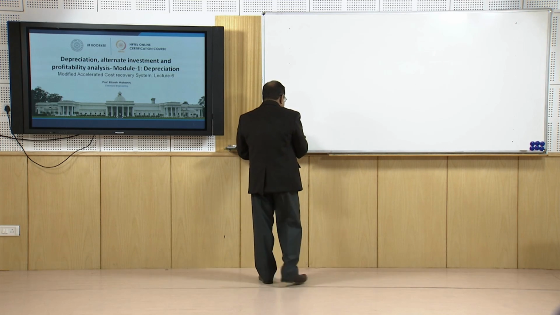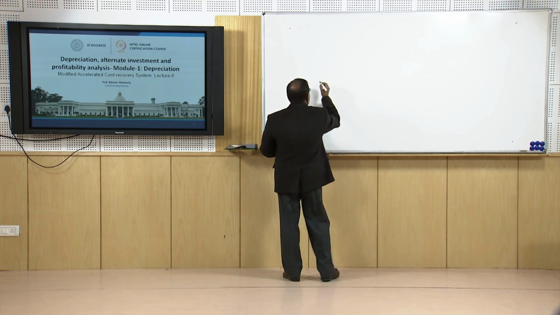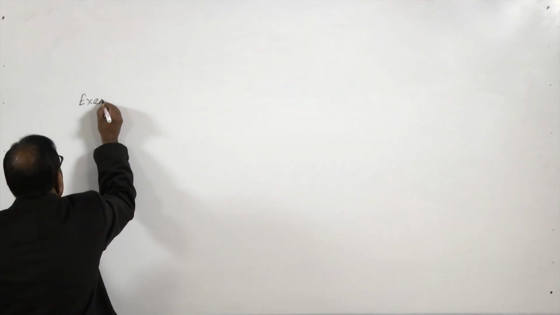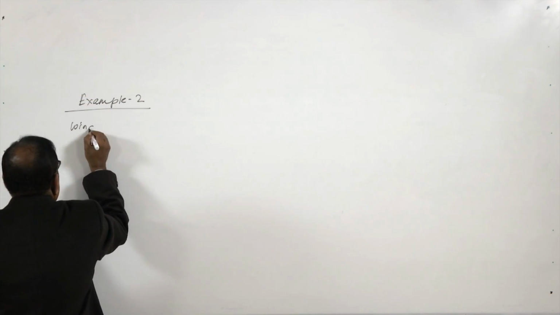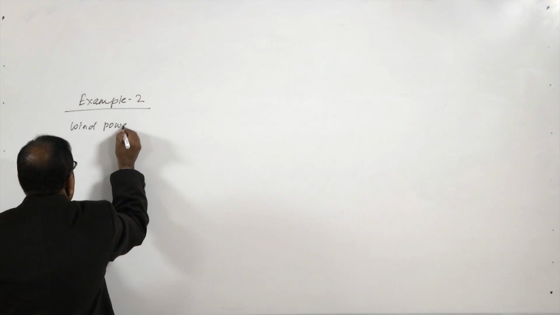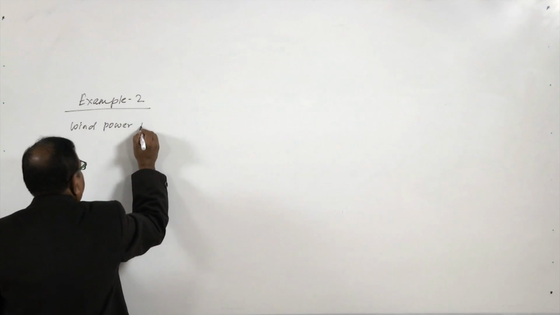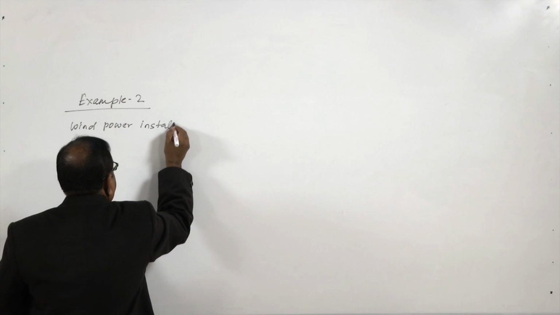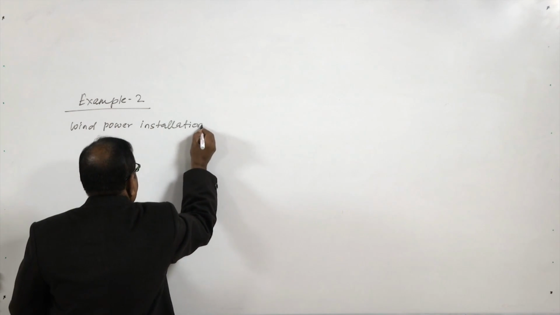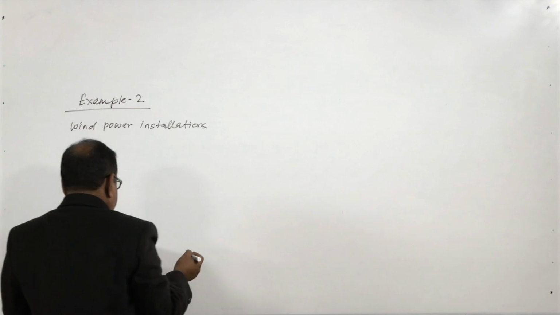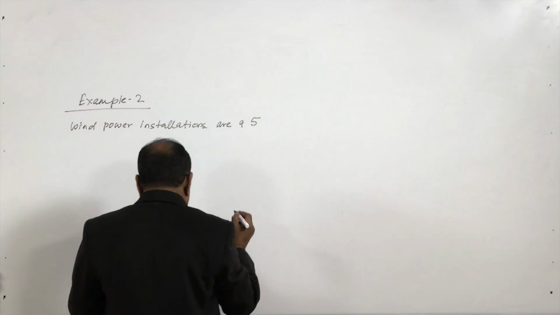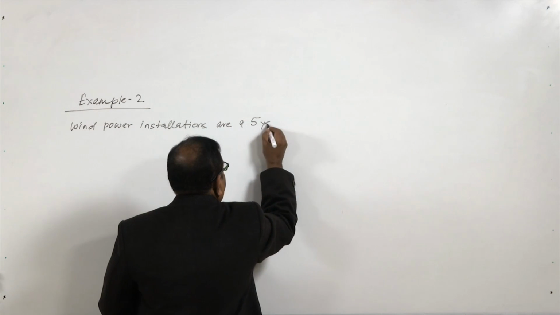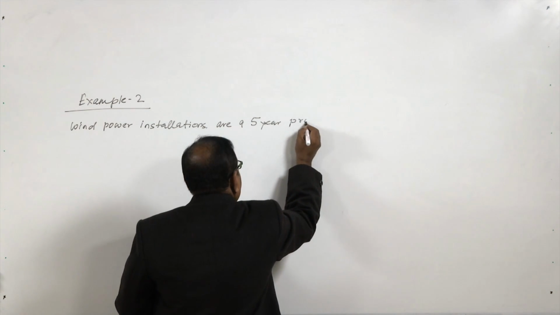Now, if we check from the standard tables, we find that wind power installations are a 5-year property.